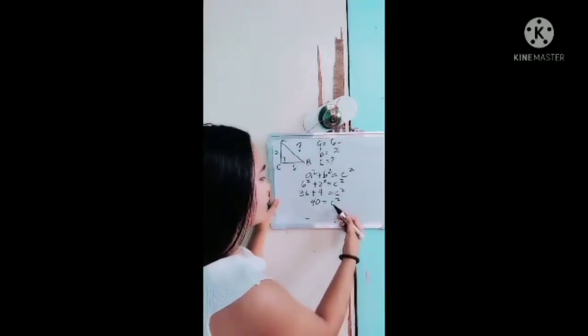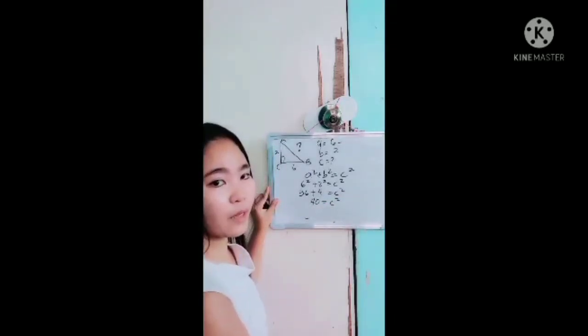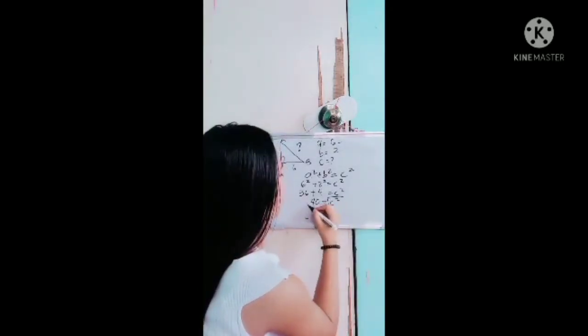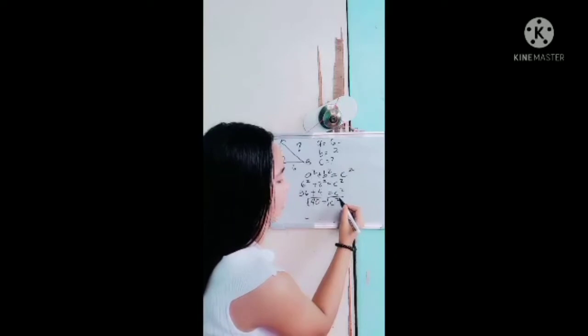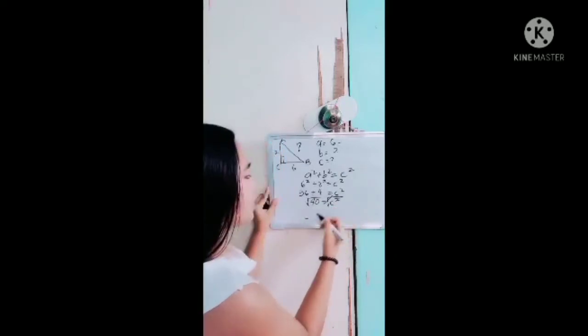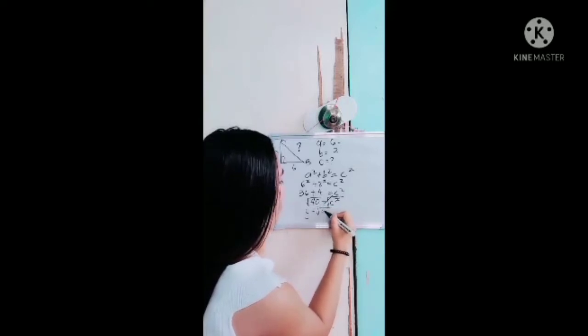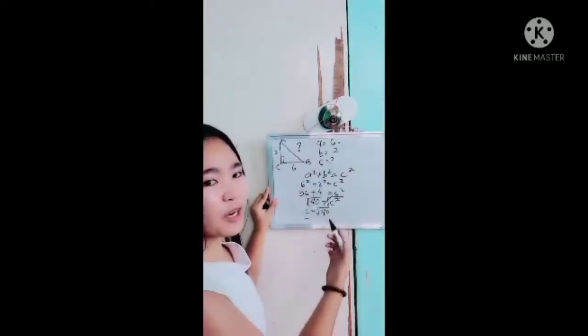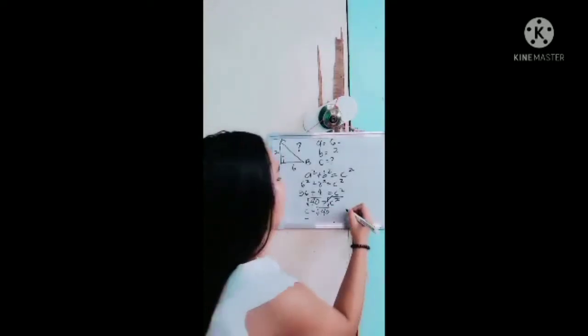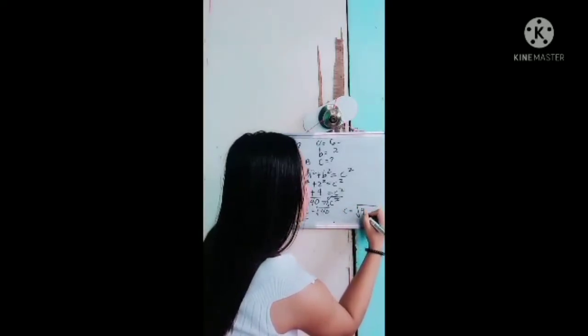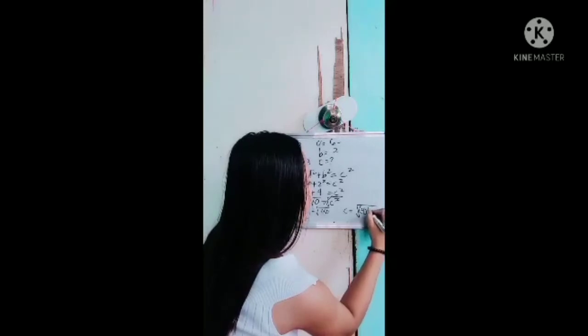So this c has a square, so we have to inverse it, square root both sides, so that the square here will be cancelled out. Therefore c is equal to square root of 40. Square root of 40, we can factor this out, which is c is equal to square root of 4 times 10.